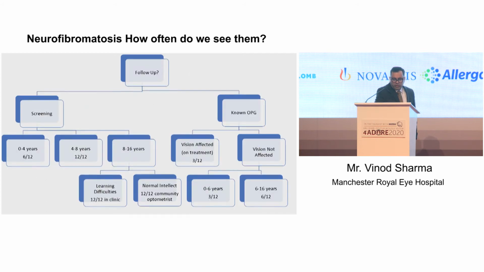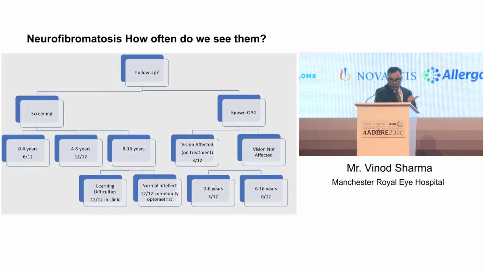In terms of follow-up, there are no rights or wrongs. In my clinic, this is what I do. I see them either from the screening point of view, or because they have a known OPG. If you're screening them, and they're between 0 to 4 years, I see them every 6 months.